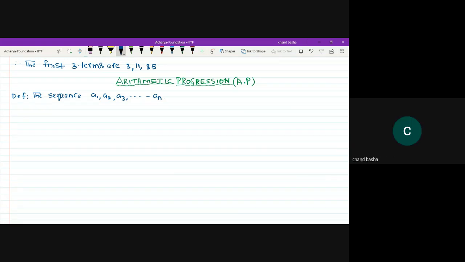A3, third term of the sequence, and so on, AN, is said to be in arithmetic progression, that is, we can take it as AP, if A(N+1) is equal to AN plus D, N belongs to capital N.